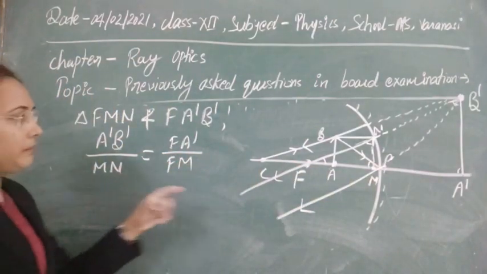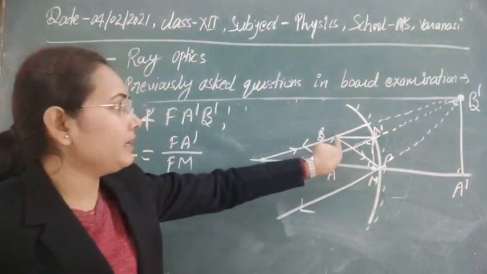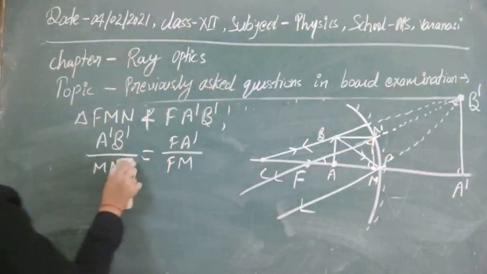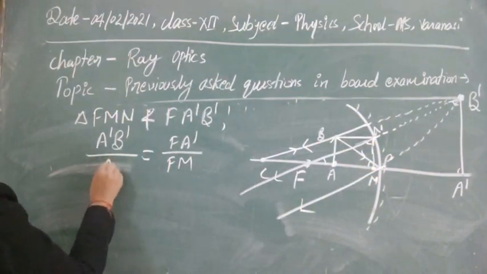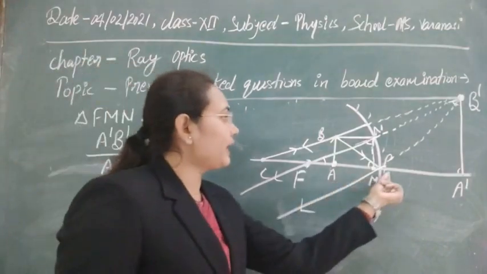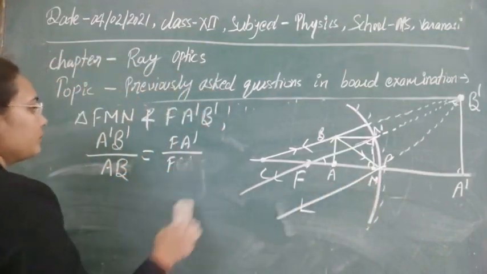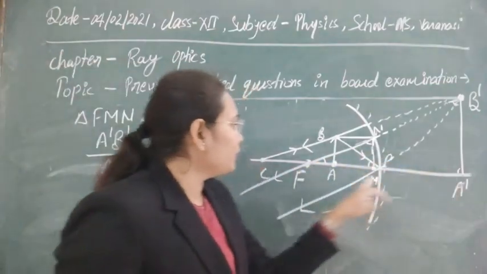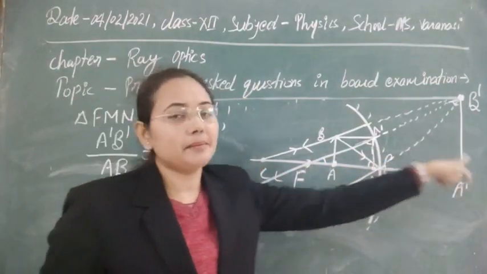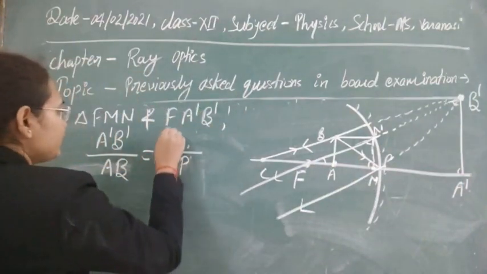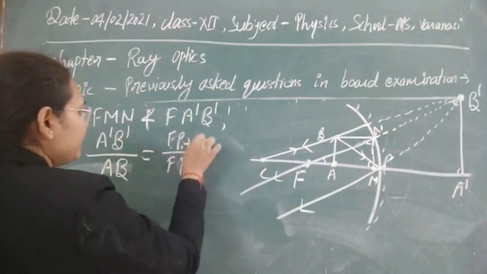In place of MN we can write AB, as obviously these two heights are equal. Also, in place of M you can write P. In place of FA dash you can write FP plus PA dash.